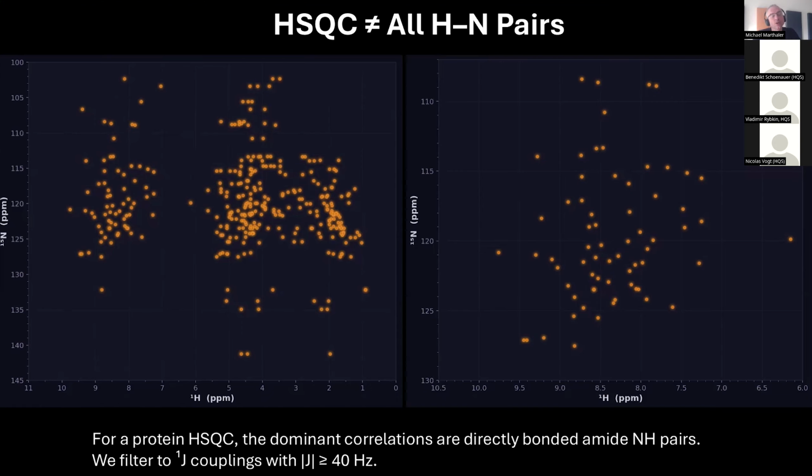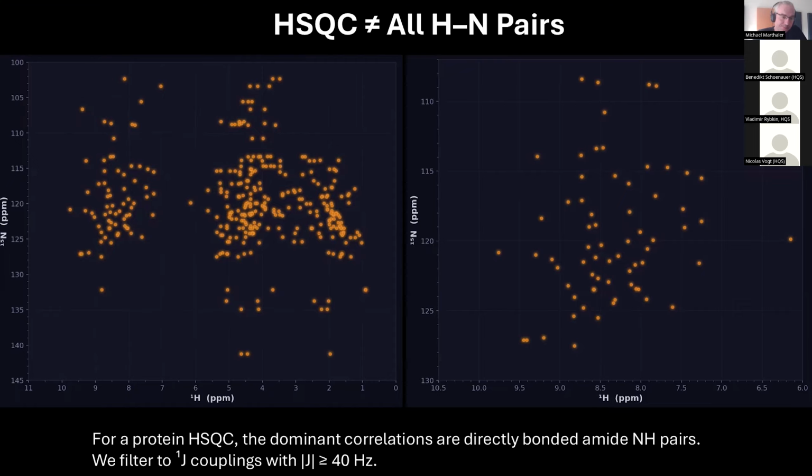So you need to look at the chemical shifts, compare them to structural data from the molecule that is normally also available, and then filter out all the points where you have a one-bond coupling, where the H directly couples to the 15N.